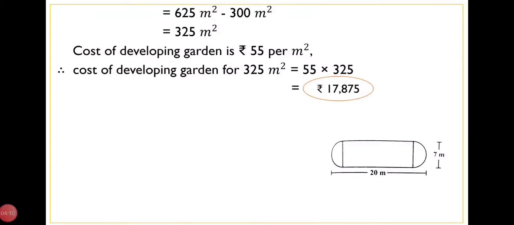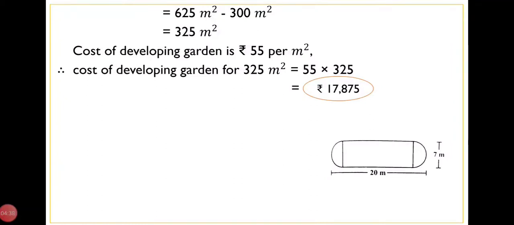Now we know whatever the breadth is, that will be the diameter of the semicircle. So from the diameter we will find the radius, and using that radius we will find the area and perimeter of both the semicircles. Similarly, for the rectangular part, you can see the whole length is given as 20 meter and the diameter is given as 7 meter. So we will subtract the radius from both the parts and then we will find the length of the rectangle.